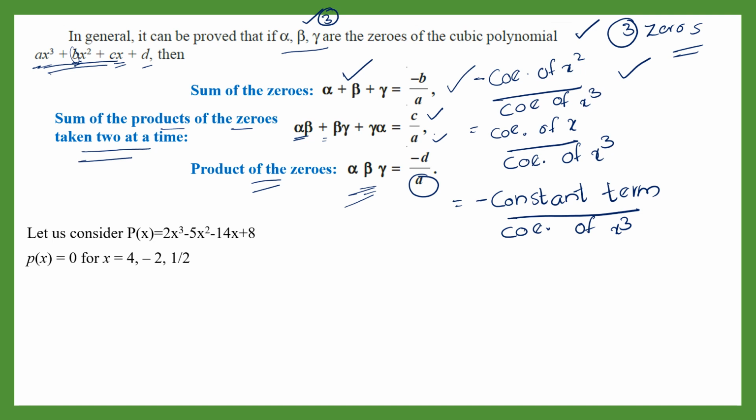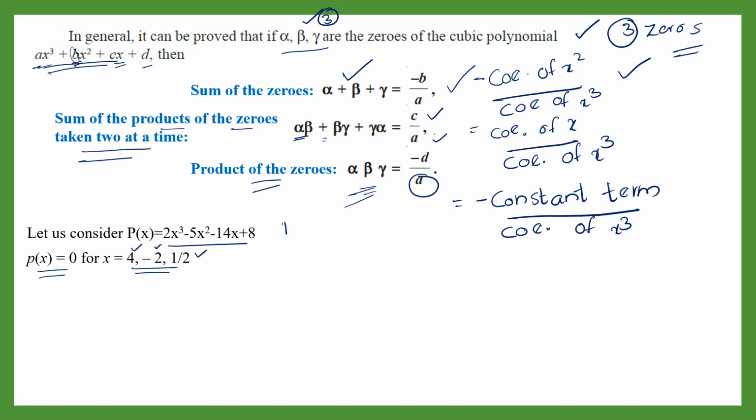Now let's verify. Let us consider a cubic polynomial p of x is equal to 2x cube minus 5x square minus 14x plus 8. If you make p of x equal to 0, you will get 3 roots, that is, 3 zeros, which are 4, minus 2, and 1 by 2.